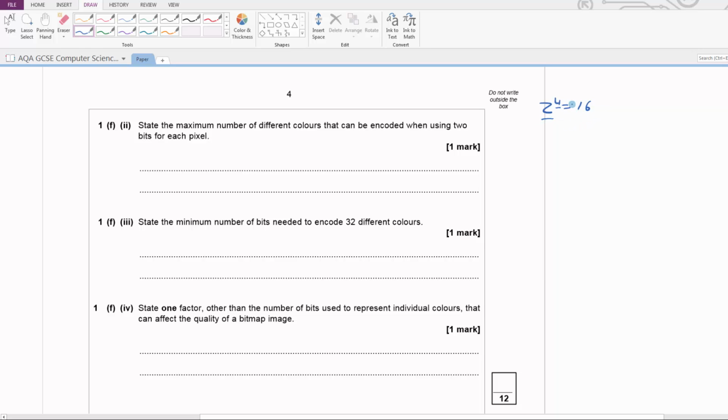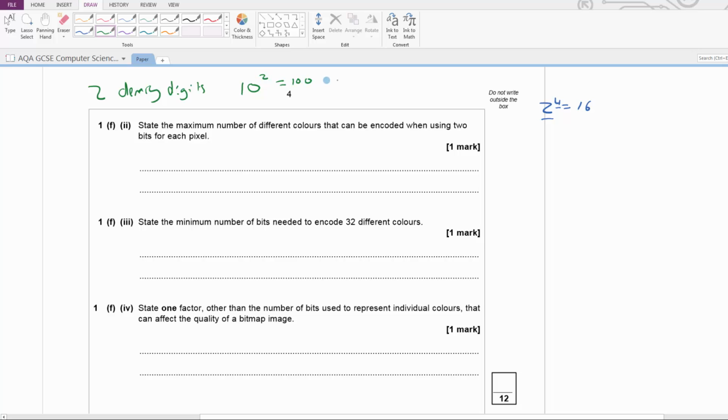I was talking about this in relation to the relationship between hexadecimal and binary, and this is just a general idea. So say the question was, if we had 2 denary digits, how many numbers could we represent, or how many colours could we represent using this? It'd be base 10, so we write 10 down as our base, and then we have 2, so 10 to the power 2, and this is 100.